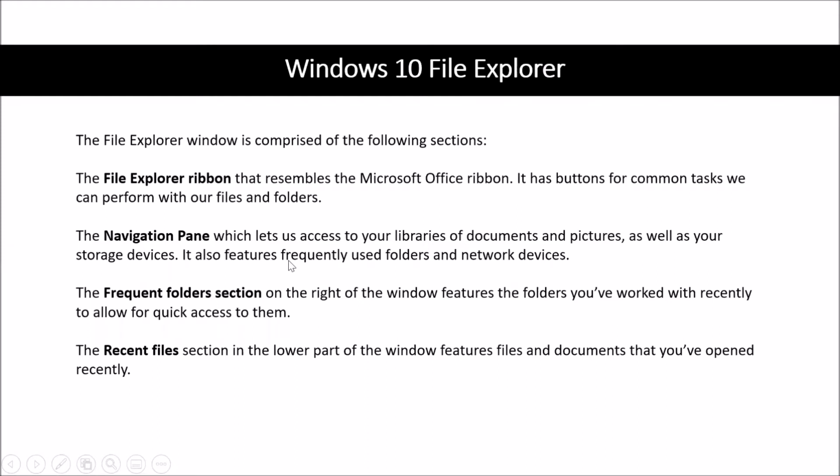It also features frequently used folders and network devices. The frequent folders section, which will be on the right of the window, will feature the files and folders that you've worked with recently to allow quick access to them. It also will show recent files.